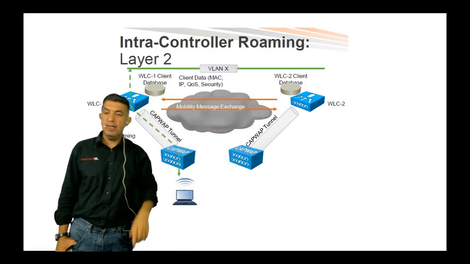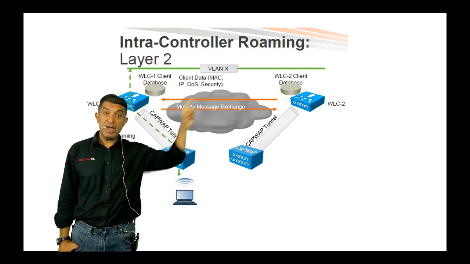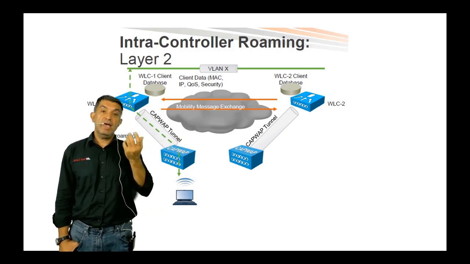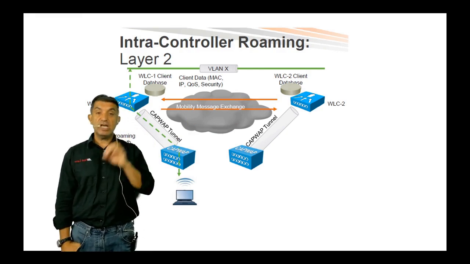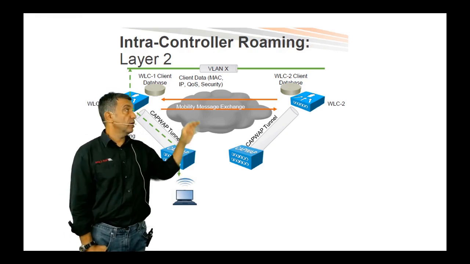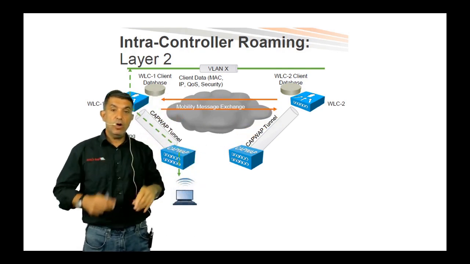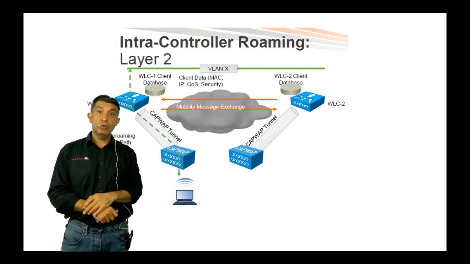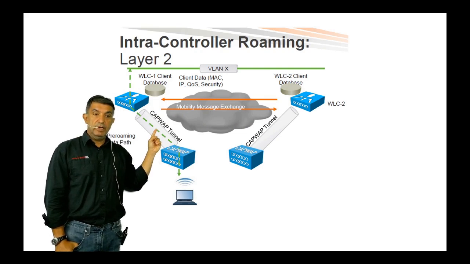We'll ask him, hello, your client is knocking on my door. Can I let him in? It is a process which can be successful when the controllers are in the same mobility group, and all the ports we use for the controller are set up right.